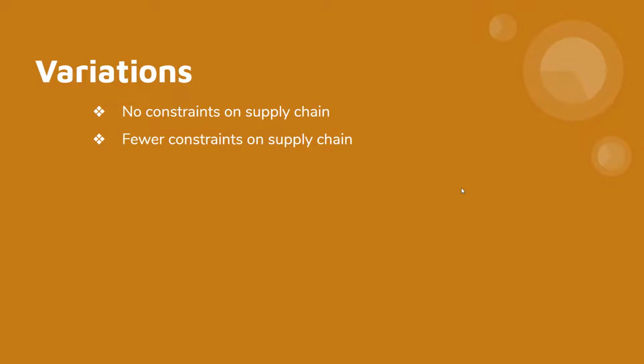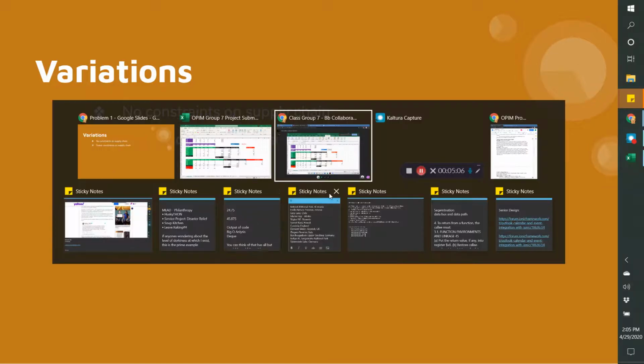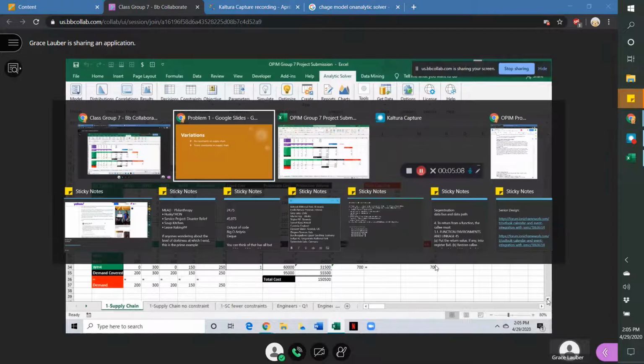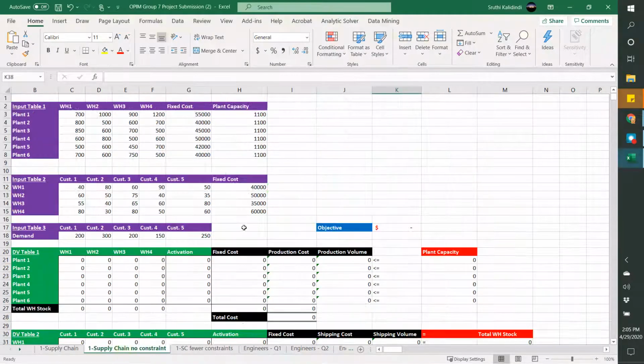So one really important thing for this project are the variations. We looked at two variations: no constraints in the supply chain and few constraints in the supply chain. So for no constraints, we wanted to bring the plant capacity to 11,000. This way, in case a plant could produce all the units, it can.